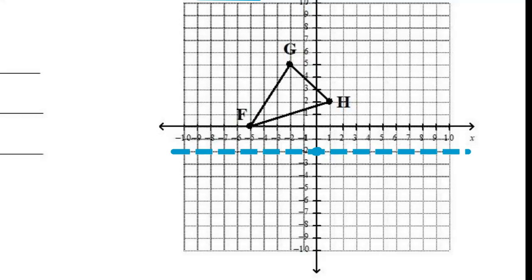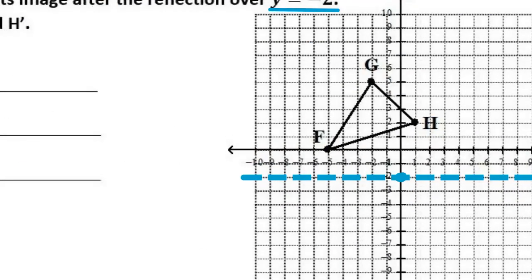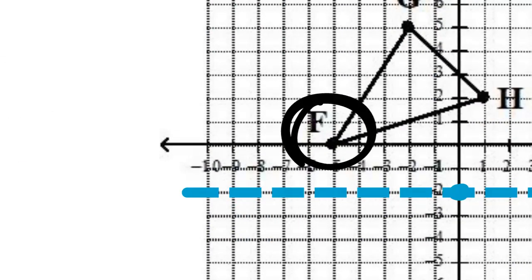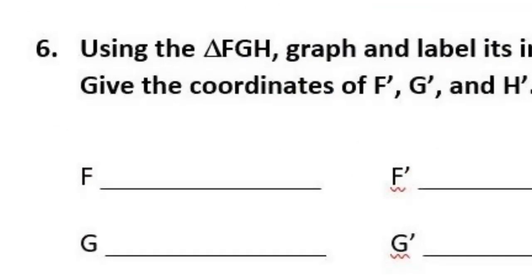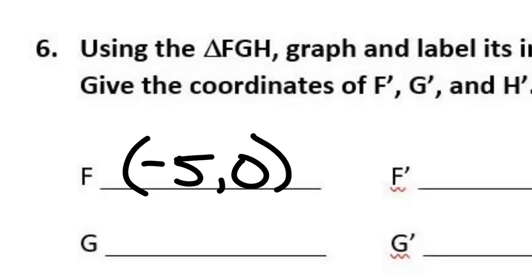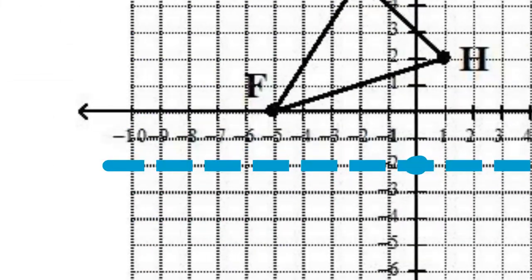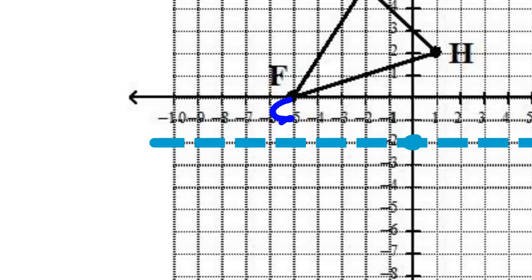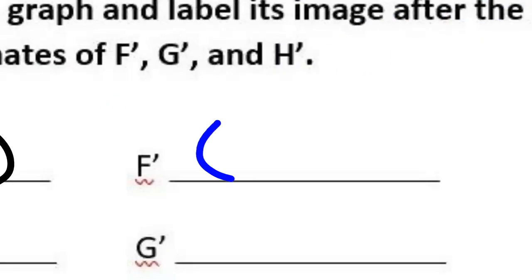And now I need to move each of my points. Where is point F right now? -5, 0. And how many hops away from the line is it? 2. So then I go 2 hops on the other side, and I put my point F prime down. And where did that point land at? -5, -4.